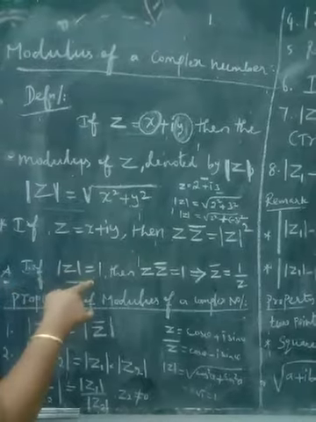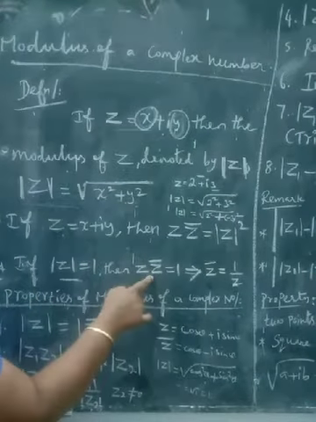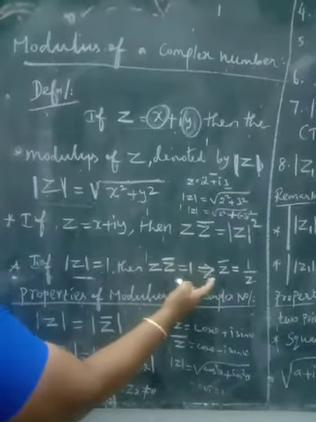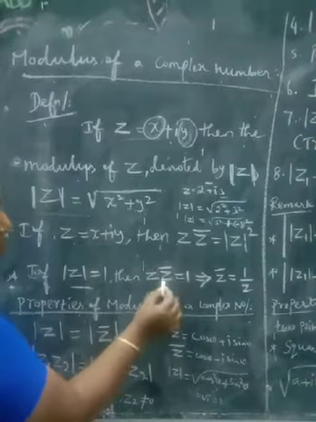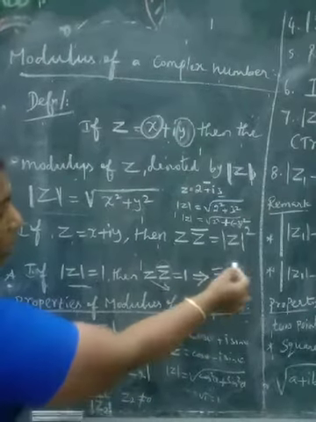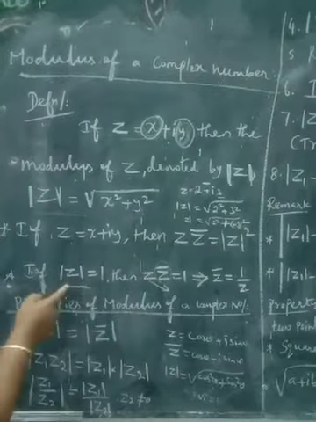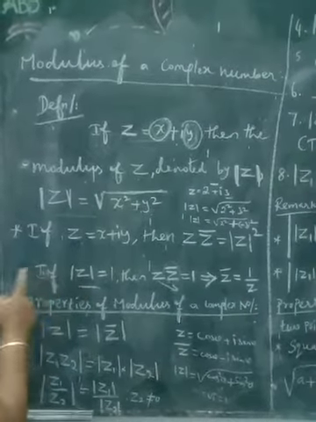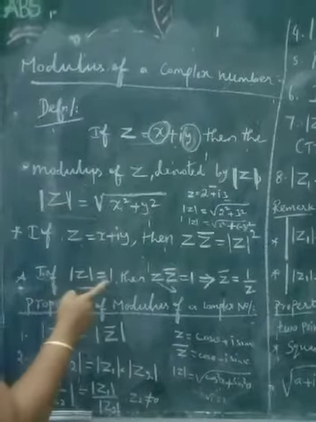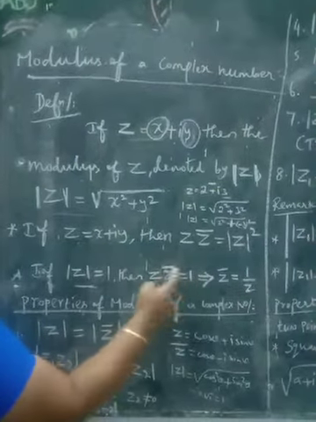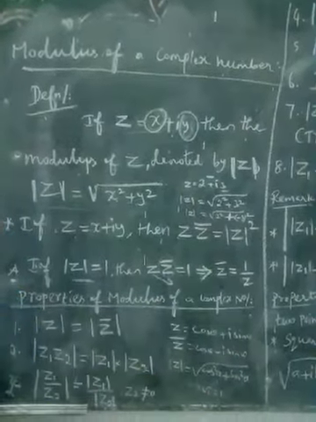If mod z equals 1, we can write z into z bar equals 1, which implies z bar equals 1 by z. This is a very important property we use in some problems. Just recall it: if mod z equals 1, then z bar equals 1 by z.